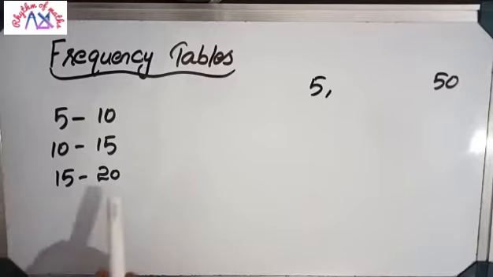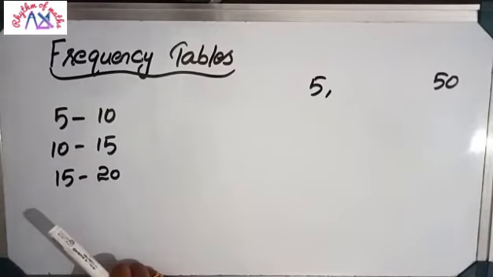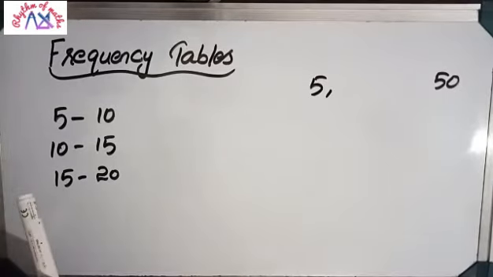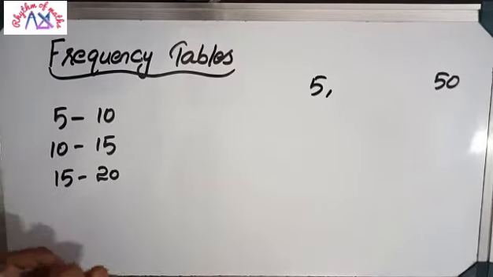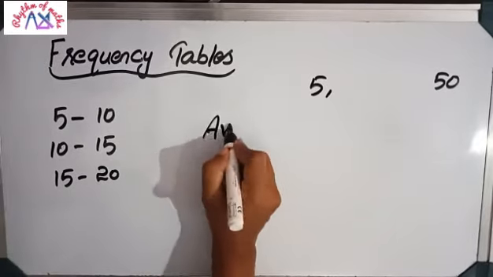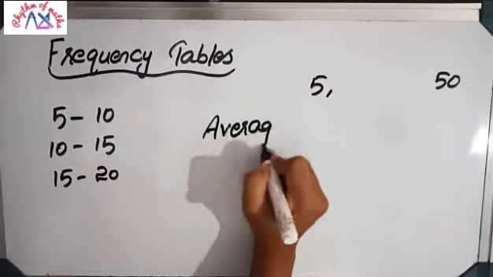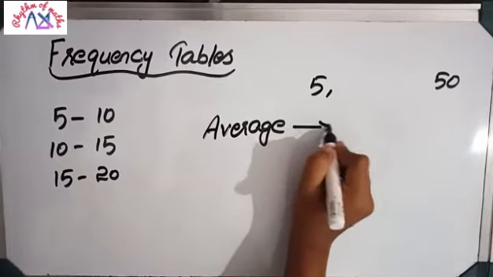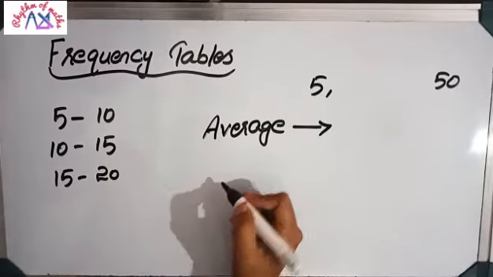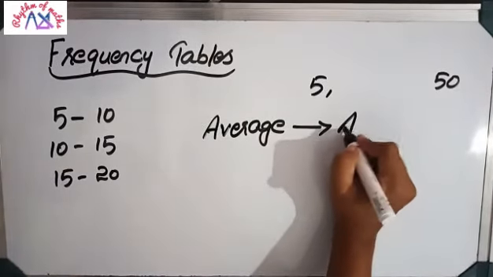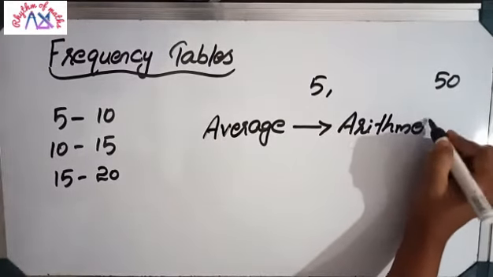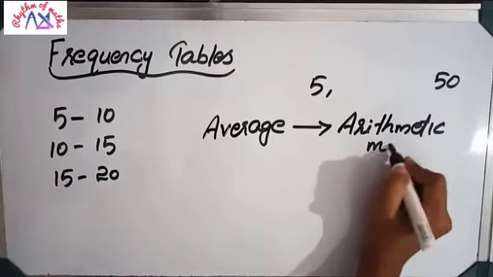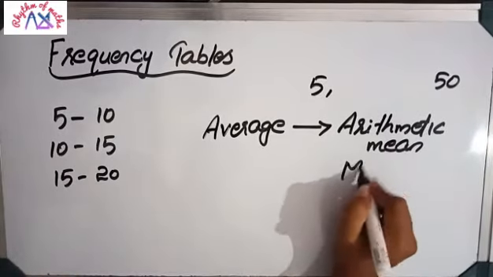If we get a table like this, how we will find the average, that is what we are going to learn in this section. Before that, till now we learned about average, isn't it? Now from here onwards this word is going to change, because technically this average will go as arithmetic mean, or simply mean.